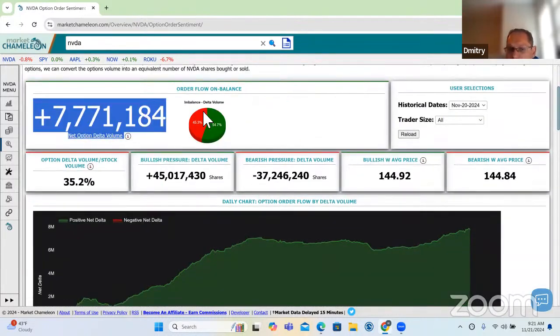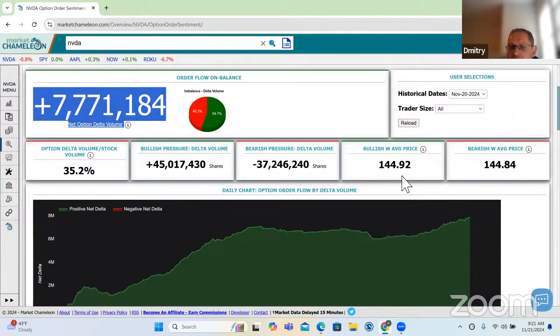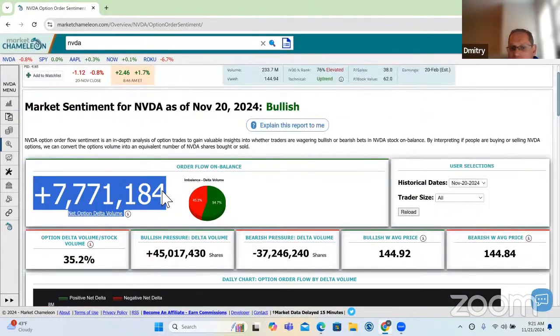But what if we broke it down into trader type? This could have come all from institutions, and everybody else looked like on aggregate was negative delta. So how did the sentiment break down if we just looked at it from trader size type? So we put them in different buckets.